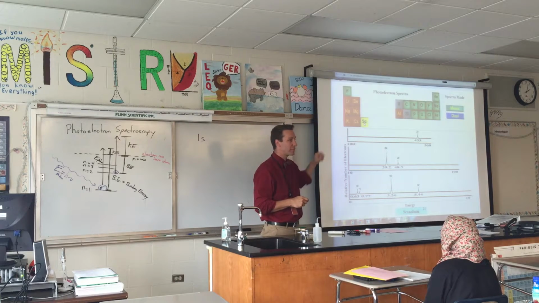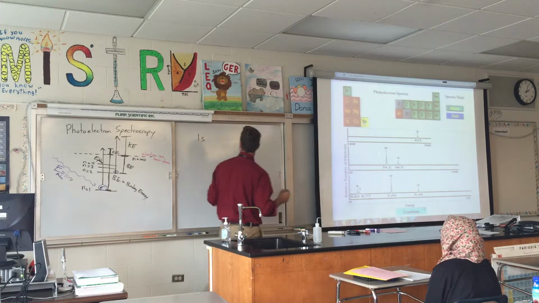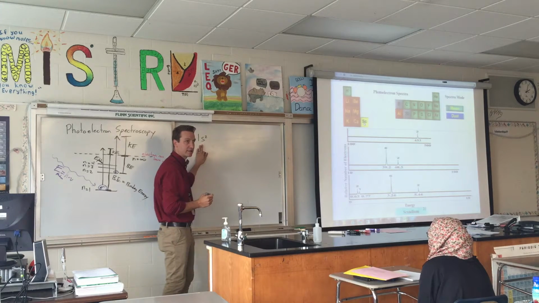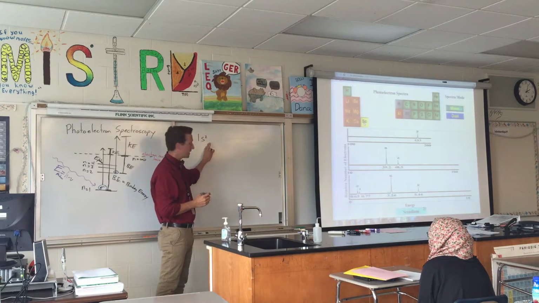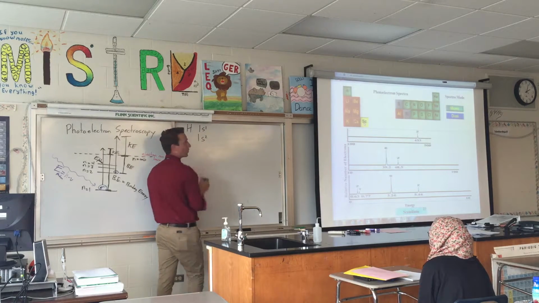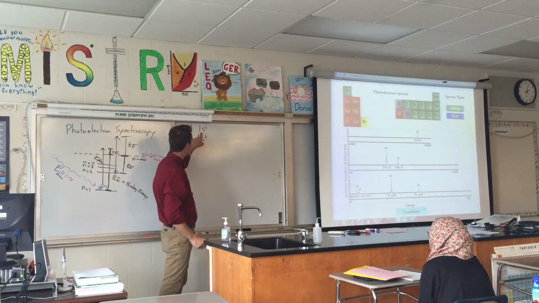That's the highest that peak ever gets in any of these spectra. To show the electrons, we put a superscript. Hydrogen's electron configuration would look like this, 1s1. There's 1 electron, in the first shell, in the s subshell.